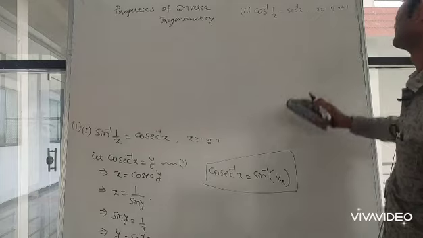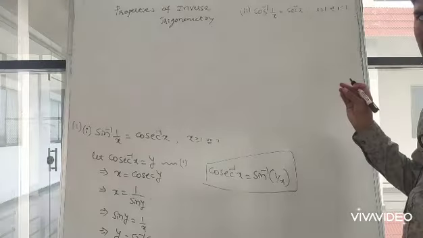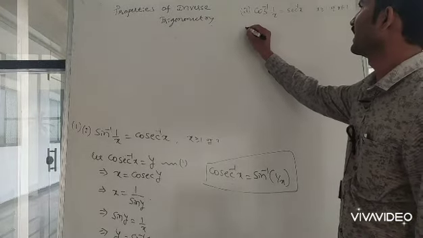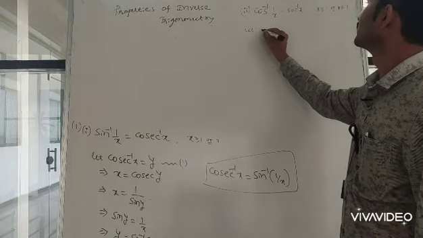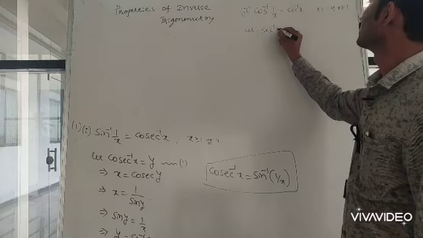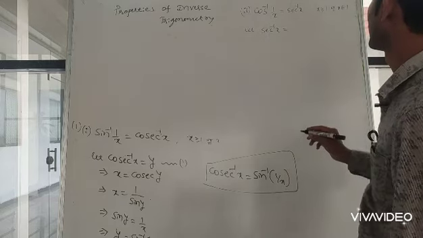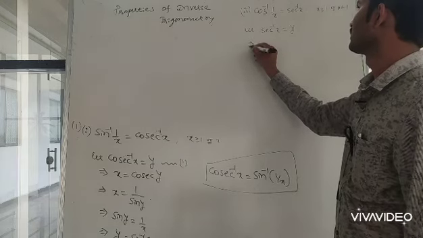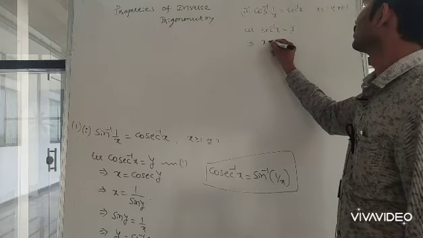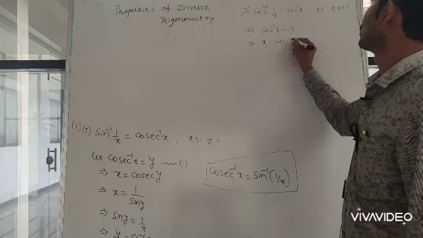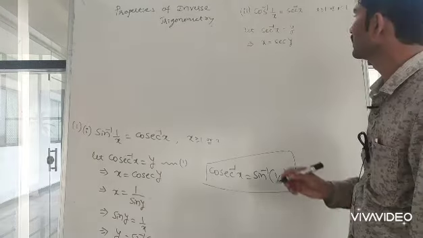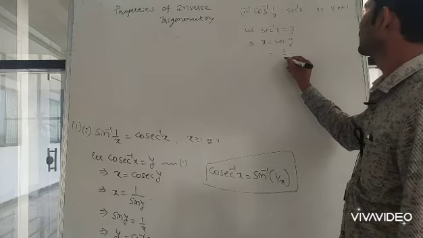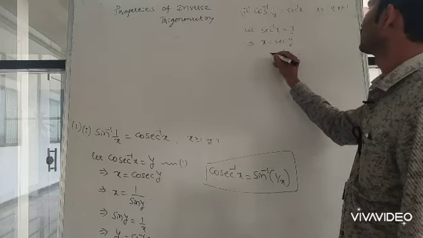Next, here also it is the same pattern. Let us consider the RHS now. Let sec inverse of x be equal to y, which implies x is equal to sec y. Then sec y can be written as 1 by cos y.